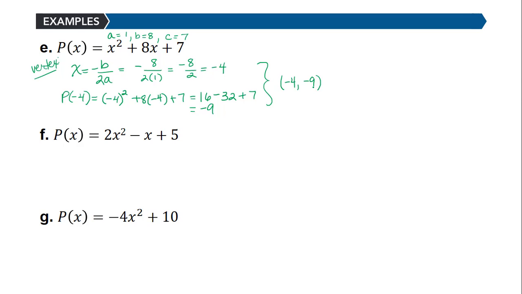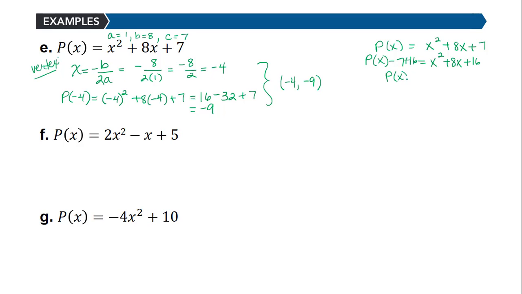Now for this particular problem, I'm going to show you completing the square, but you don't have to do it on all of these problems because it would get quite tedious. But I would have to say p of x minus 7 and leave a space is equal to x squared plus 8x. And then half of 8 is 4, squared is 16, so I would add 16 to each side.